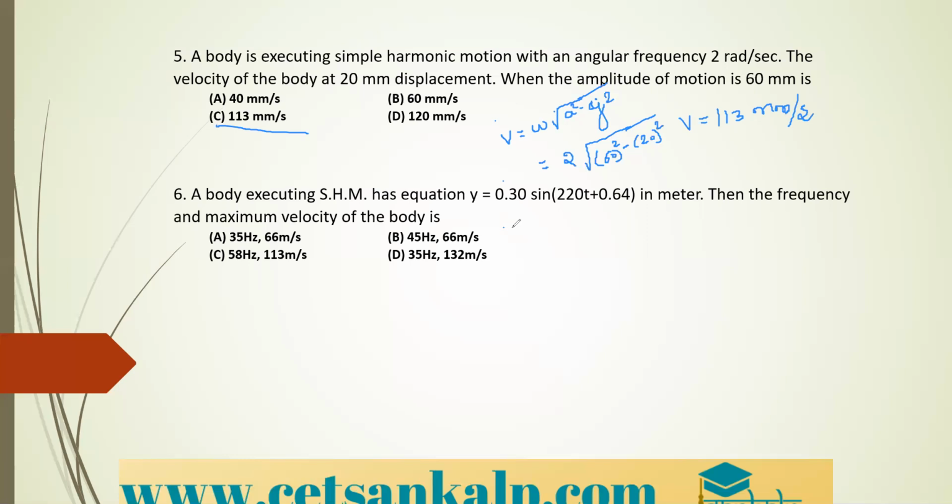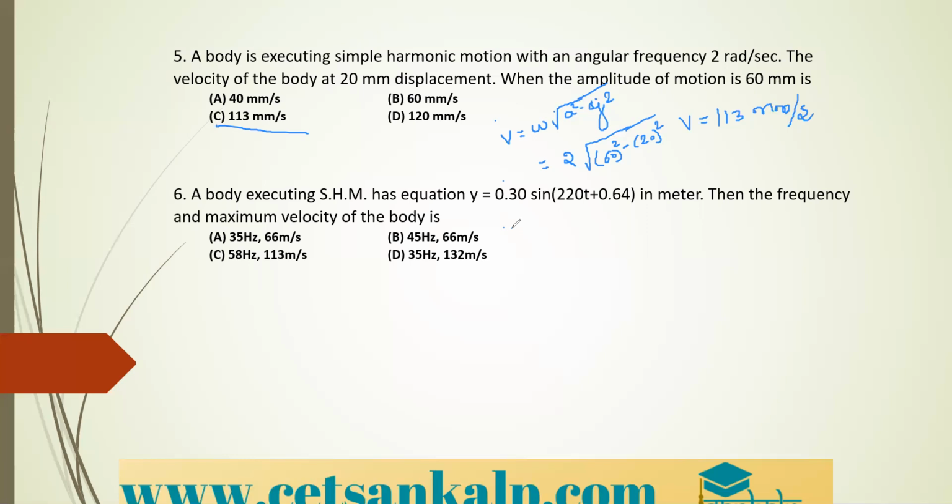Next, a body executing simple harmonic motion has an equation. So the simple harmonic motion equation is given, and then the frequency and the maximum velocity of the body are asked. So here you need to calculate the frequency and the maximum velocity. How can we do this? See here, by comparing with the standard equation.